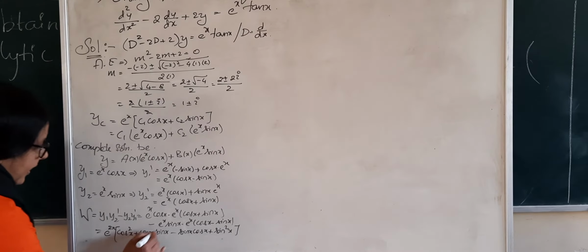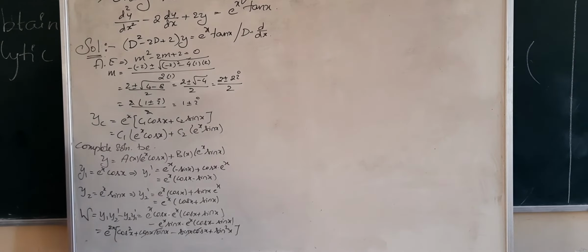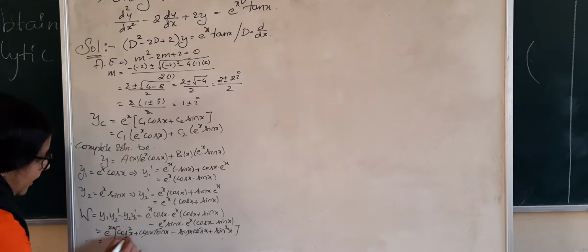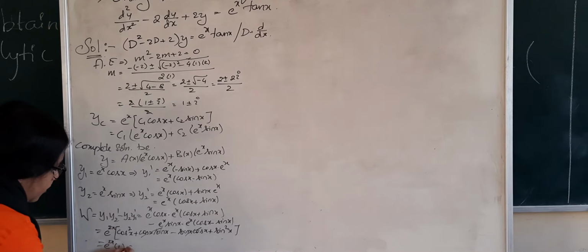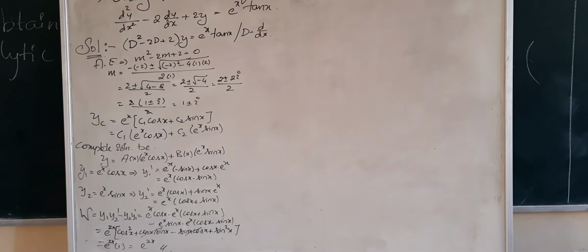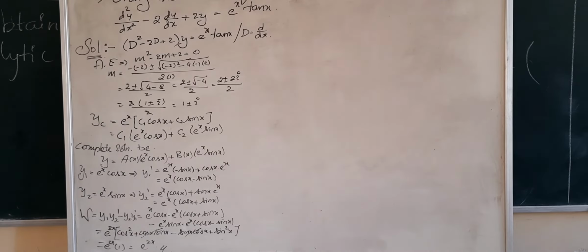The two terms with opposite signs cancel. So you are left with e power 2x into cos square x plus sin square x, which is directly 1. So our Wronskian is equal to e power 2x. This is the W value. Got it, guys? So using the W value, we can go ahead and find our A dash and B dash. Let us see.